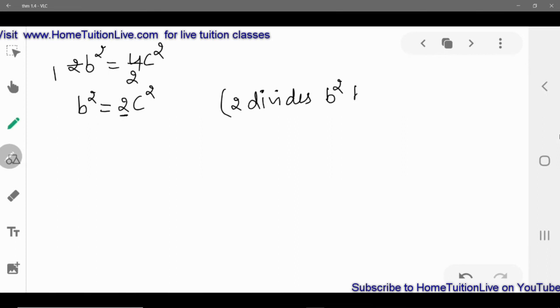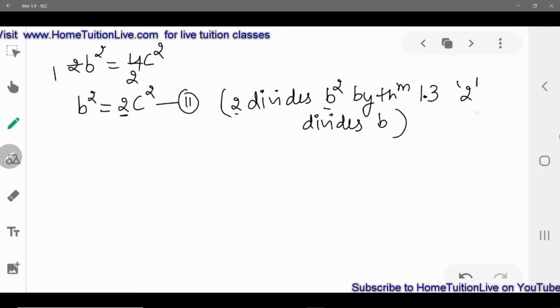But by Theorem 1.3, if 2 divides b square, then 2 divides b. Write this equation as number 2, and from this you can say that 2 is a factor of b.